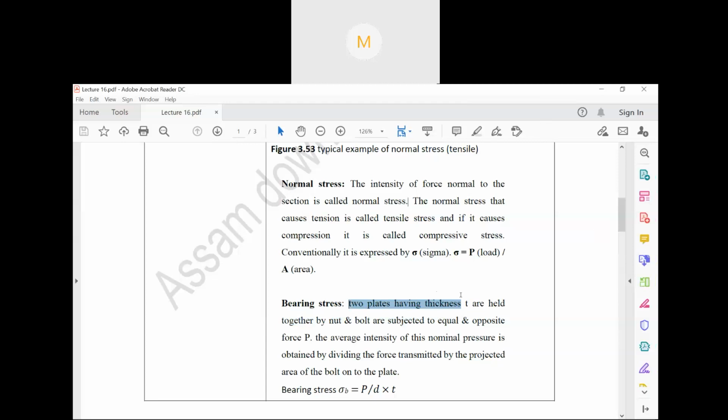Do you know what a nut and bolt is? Can anyone tell me? Yes, what? It is used to join two plates. It is an object which is used to join things in mechanical work.